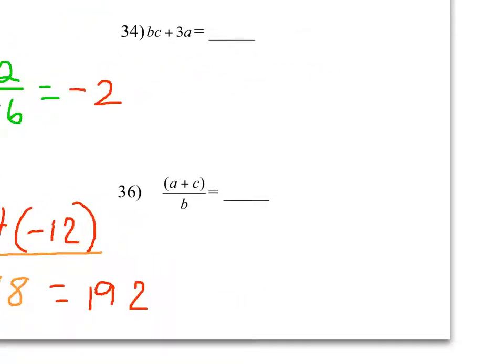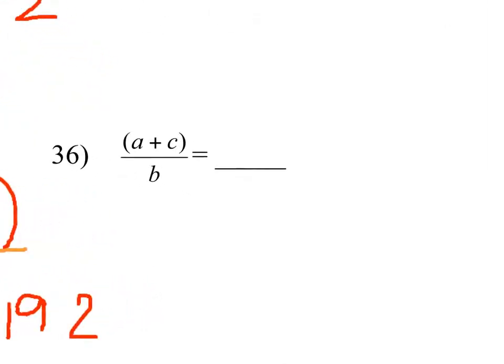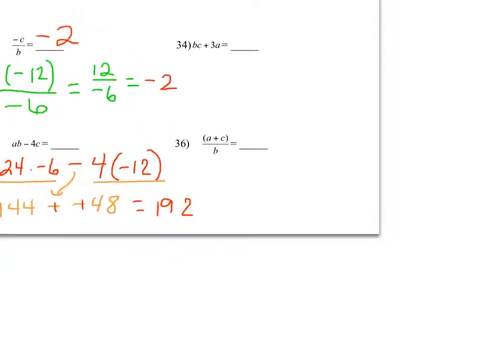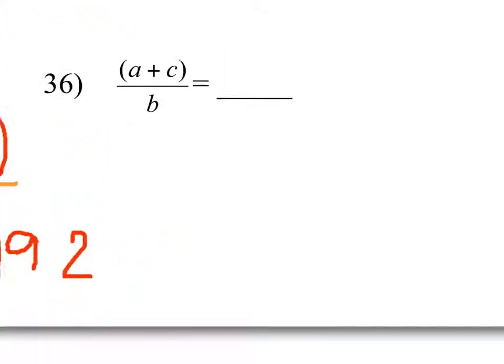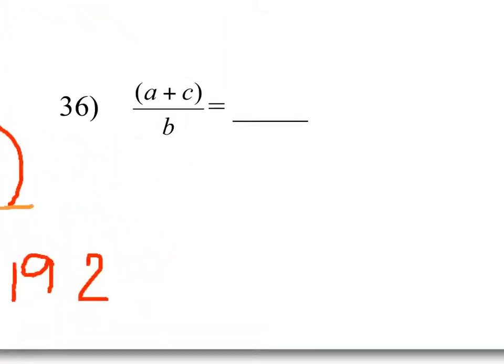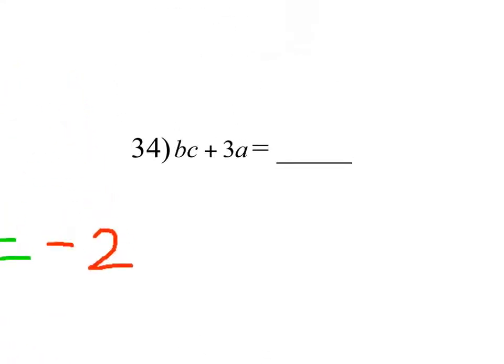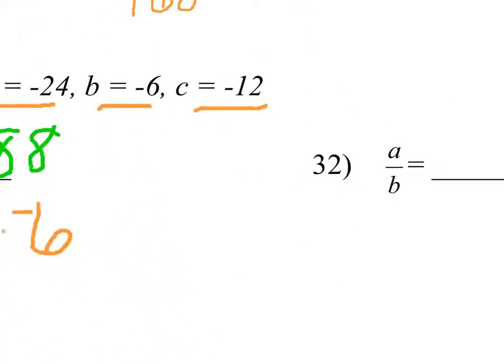And looking at 36, we need to plug in, a little bigger here. We're going to plug in for A and for C. Oops, that's the wrong way. So A plus C, oops. Looking back at my values, I've already forgotten them.